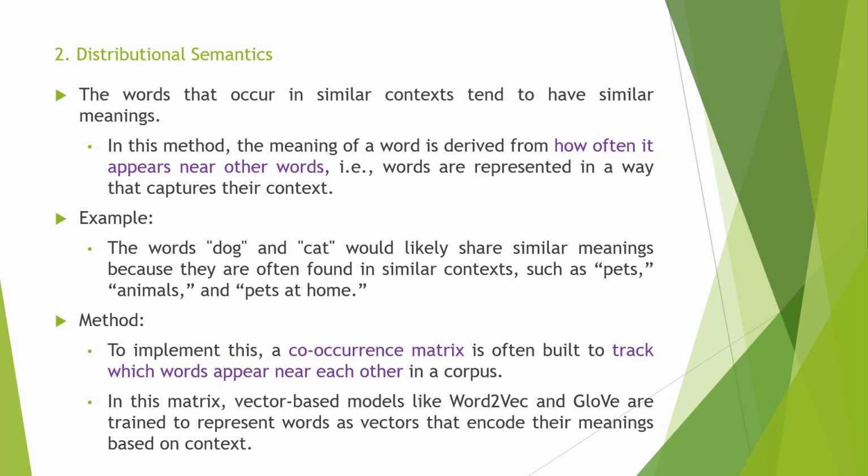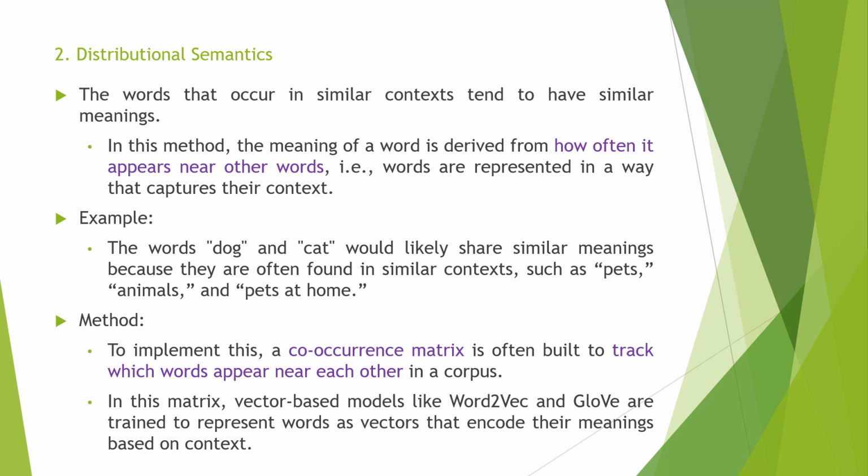So in this method we derive words which are frequently appearing near other words, so that means that the word captures the contextual understanding of the word. For example, the word dog and cat may appear near pets, or the word animals or pets at home. So this will have similar meanings in similar context.